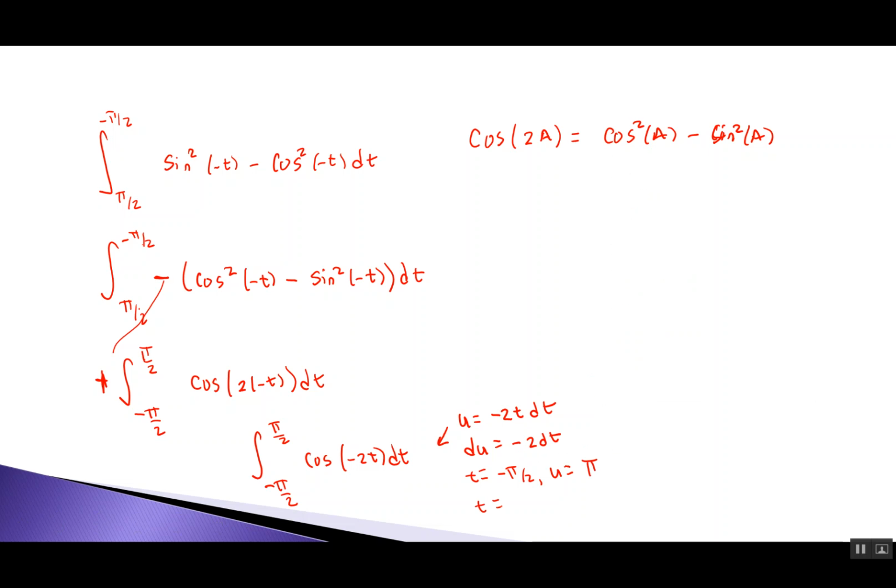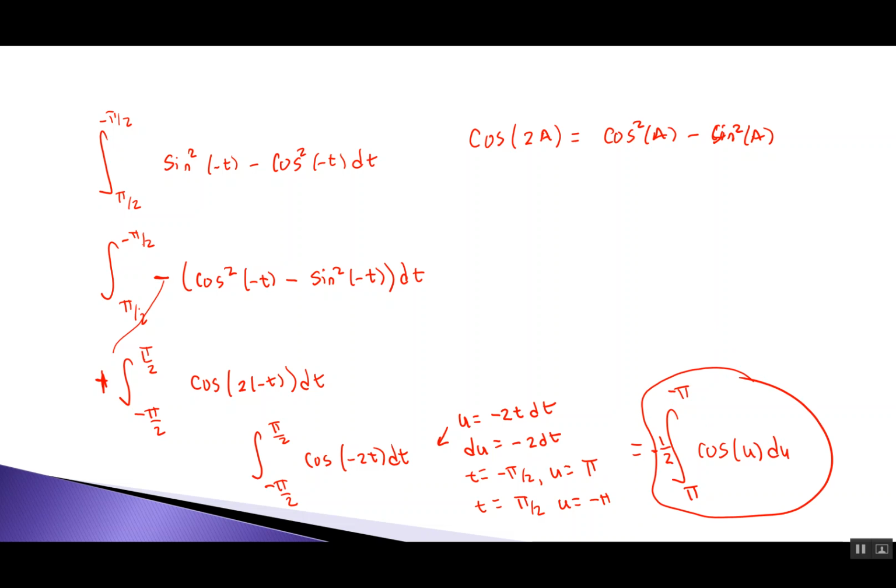And when t is positive pi over 2, u will be negative pi. So this becomes from pi to negative pi. I've got those reversed again. Cosine of u times a negative 1/2, which I'll put out in front, du. And that I know you know how to calculate, so I'm going to stop there.